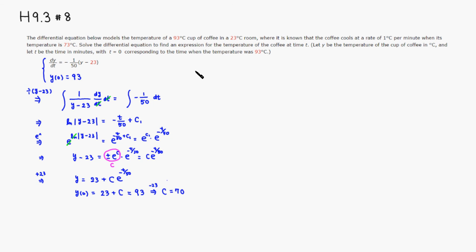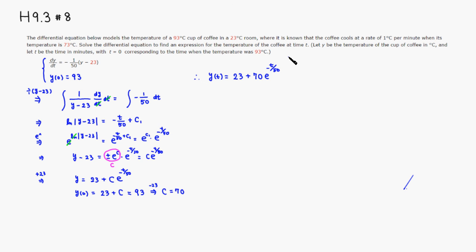Therefore, we have the complete formula for y of t, the temperature function. It's 23 plus 70 times e to the negative t over 50.